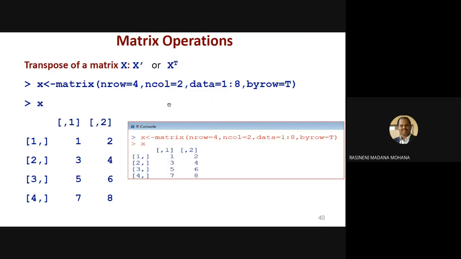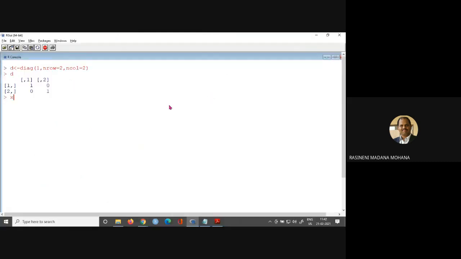So let us create it: x equal to matrix, with nrow equal to 4, ncol equal to 2, data 1:8, then byrow equal to TRUE. Now call x. You can see it displays row-wise, because we mentioned byrow equal to TRUE.